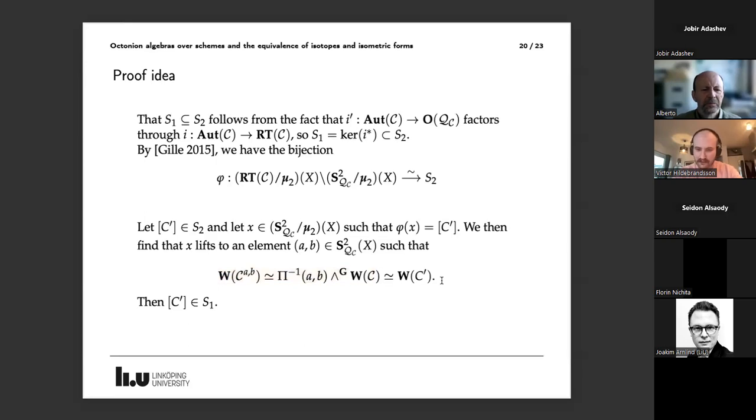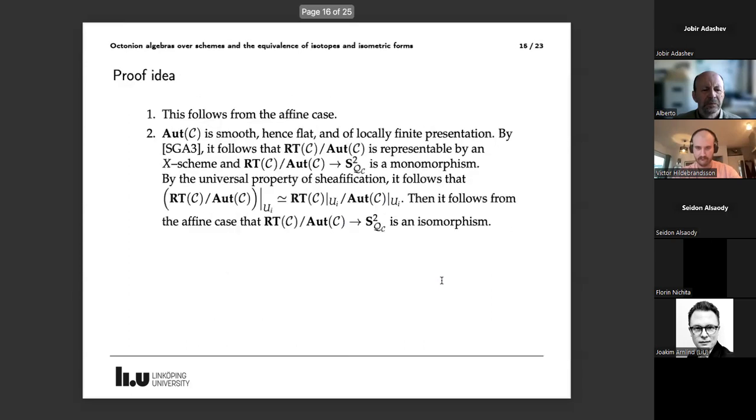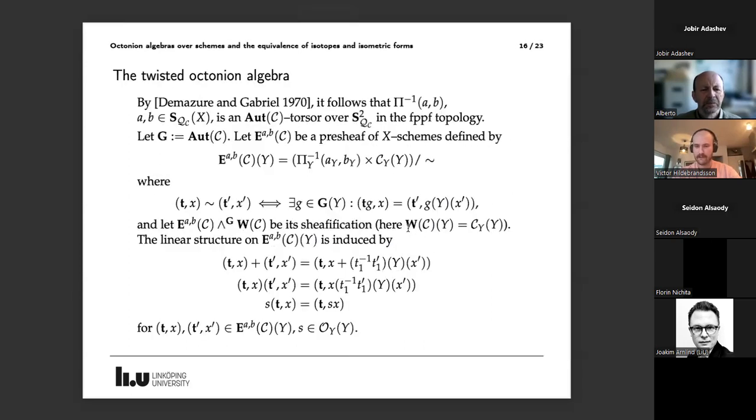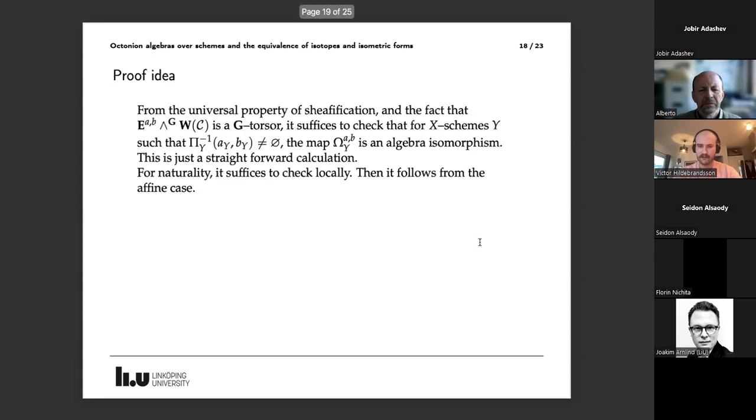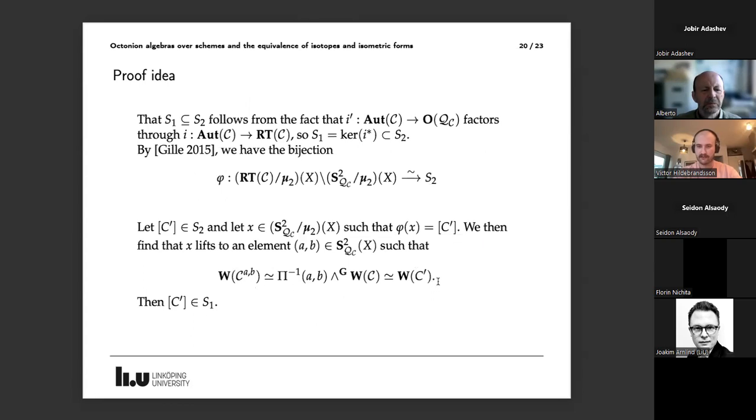And we saw earlier that this W scheme maps a scheme Y to our Octonion algebras, and since they are naturally isomorphic, we get that this Octonion algebra is isomorphic to this Octonion algebra, and hence they are in the same isomorphism class.